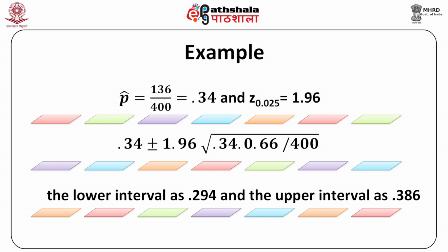Substituting the values into the confidence interval, it is equal to 0.34 plus or minus 1.96 times the square root of 0.34 times 0.66 divided by 400, which gives the lower limit as 0.295 and the upper limit as 0.386.